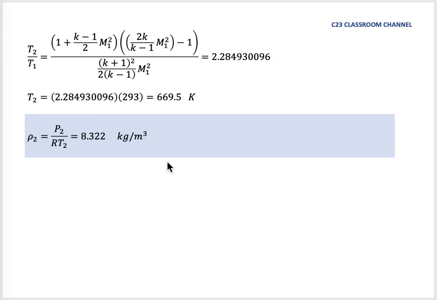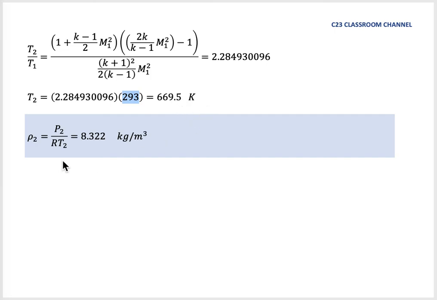To calculate the temperature after the shock wave, again we will use this equation, T2 over T1. We substitute all the values, we could get it is around 2.284. Then to get the value of temperature T2, the temperature after the shock wave, we multiply this number with 293 Kelvin, which is the temperature before the shock wave, to get 669.5 Kelvin.